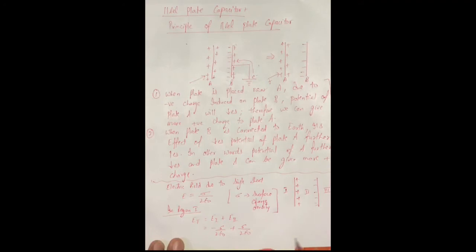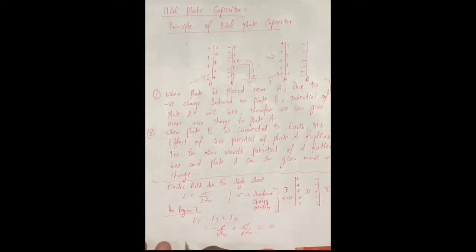We used all the sign conventions that you have to memorize here. So total electric field in region 1 was 0. Similarly, electric field in region 3 was also 0, because electric field due to the first plate in the third region was positive and electric field due to the second plate in the third region was negative. So total electric field was 0.